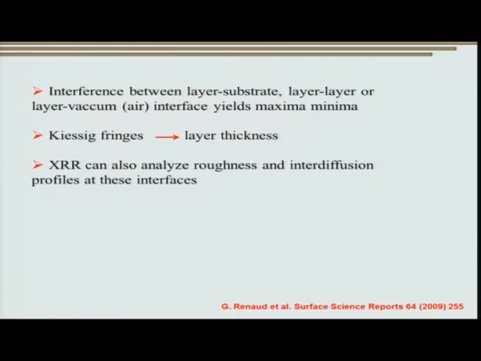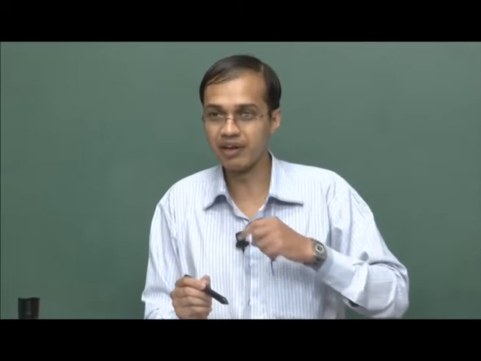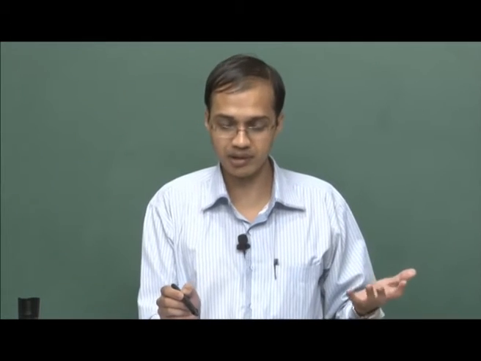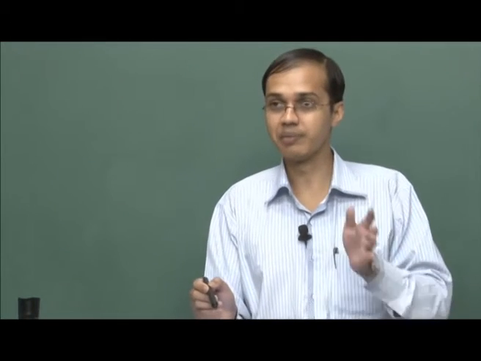And this is very important because of interference. Now why do we get all these fringe patterns that I showed you? This is due to interference between layer and substrate, or if there is a multi-layer film, you get interference between different layers, or layer and vacuum if there is only one layer. And this gives rise to an interference pattern like we get during, say, a Young's double slit experiment, and this leads to maxima and minima.